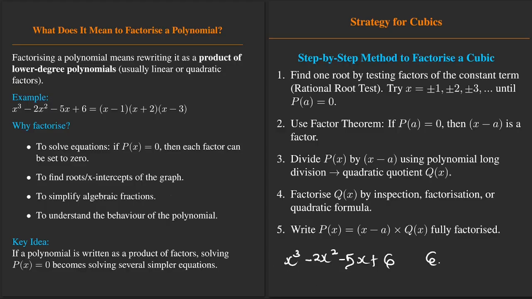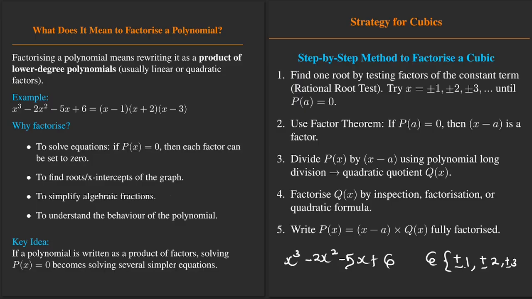So we take the 6 and we find all the factors of 6, both the positive and negative factors of 6. We can start with plus or minus 1, plus or minus 2, plus or minus 3, and then finally plus or minus 6.